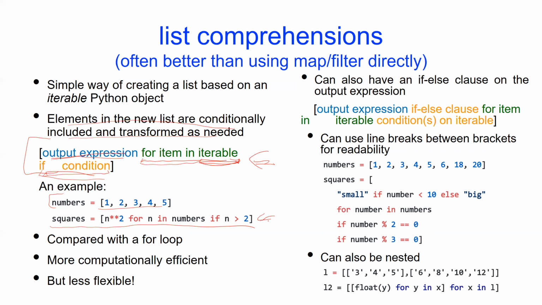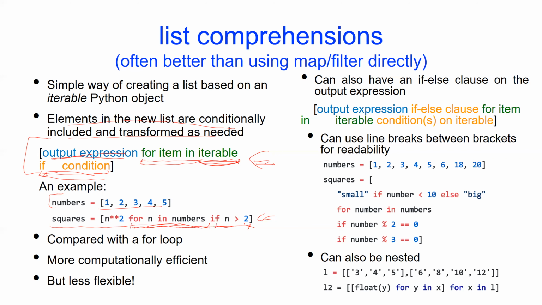Okay, so first, we are looking for a for loop, right? For n in numbers. That is essentially to say n will take each element in your iterable. And then I have an if condition to check if n is greater than 2. It's more like a filter, a Boolean condition to check.